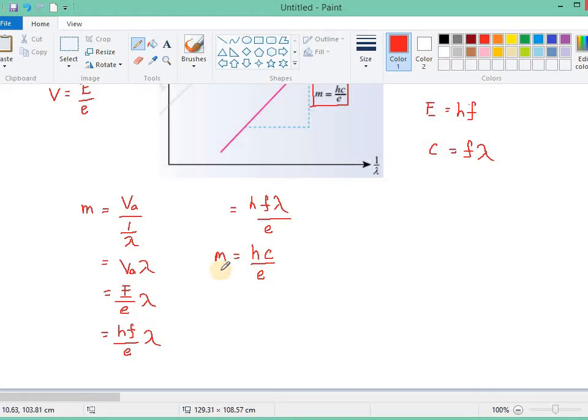That is how we get the gradient of the graph equals Planck constant times the speed of light over the charge of one electron. To get the value of Planck constant, all we need to do is take the gradient times the charge of one electron divided by the speed of light. Then we will be able to get Planck constant, h.